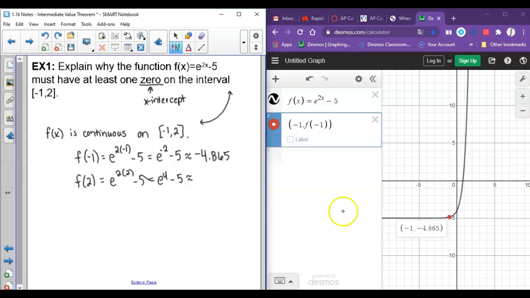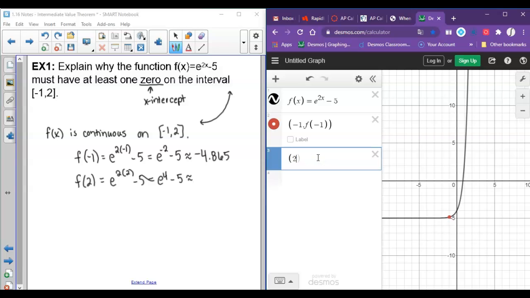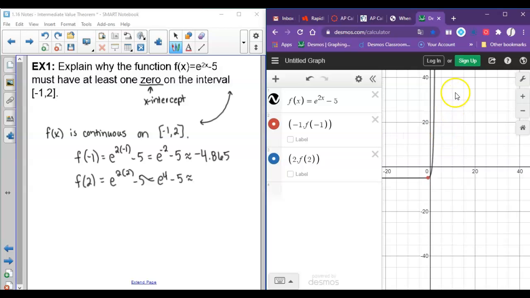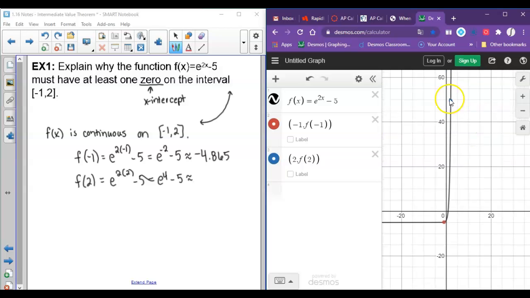And if I go over here to Desmos for f of 2, I cannot see this, but I believe it's because it's going to be way up here. There it is. And so that f of 2 is 49.598.